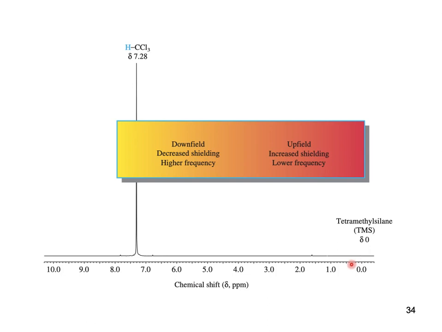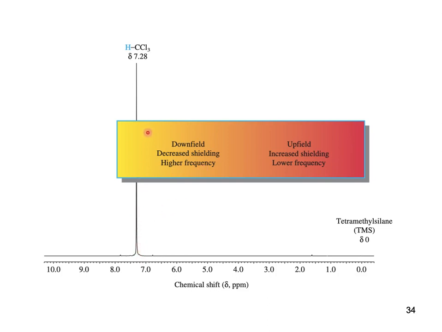Just remember that the region near 0, toward your right-hand side, is the upfield region or lower frequency region, and the region away from 0, meaning 5, 6, 7, 8 and toward 10, is called the downfield region or high frequency region.